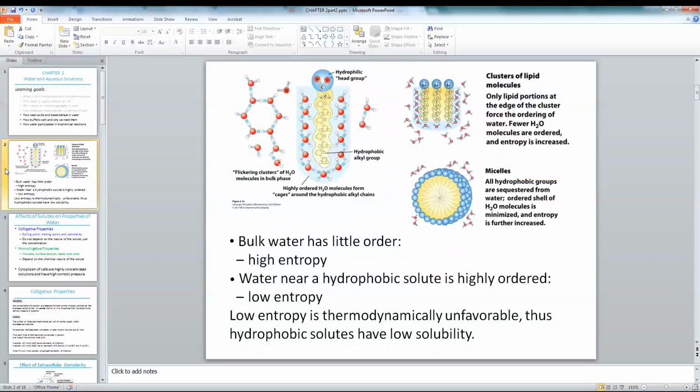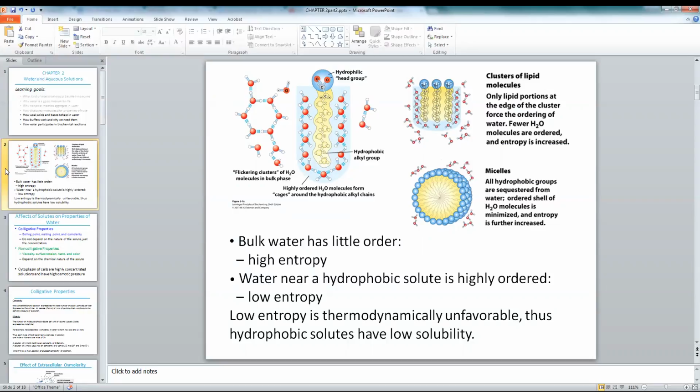The difference between a non-polar compound and a polar compound can actually be seen here, where we have the tail of a lipid, and you can see the way that water is organizing itself around that non-polar molecule.